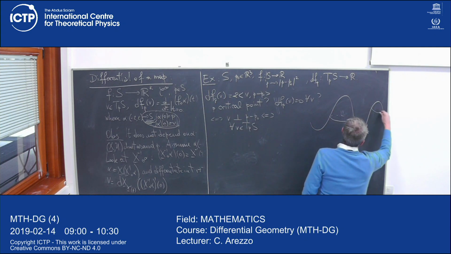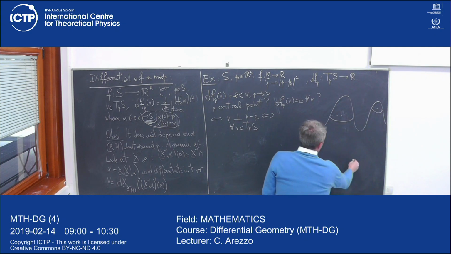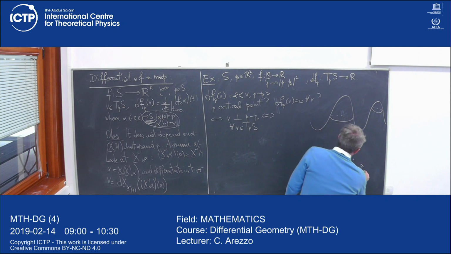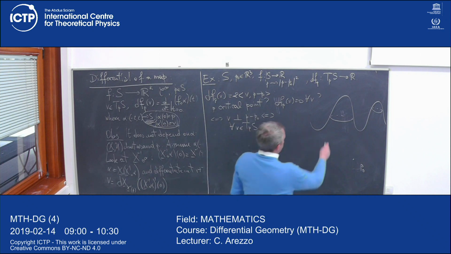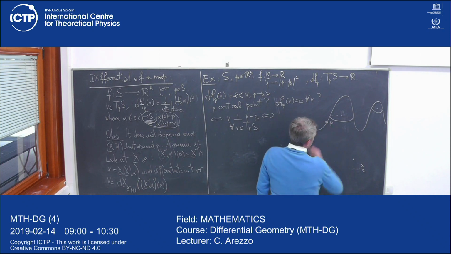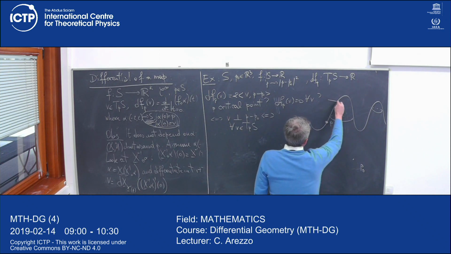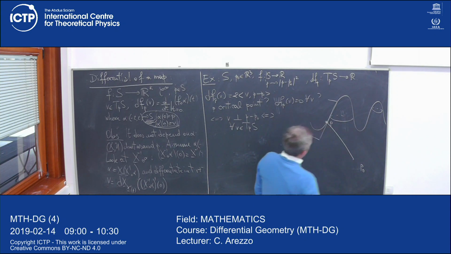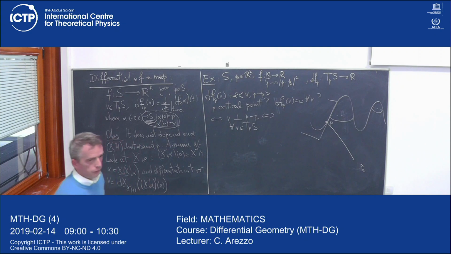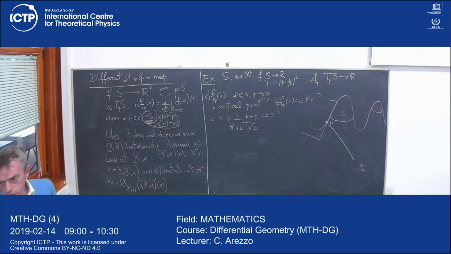Okay? And here you have your point P, P naught. Okay? So could this point here be a critical point? Well, this would mean that the tangent space is orthogonal to P minus P naught. And this is clearly not true, for example, at this point of this picture.